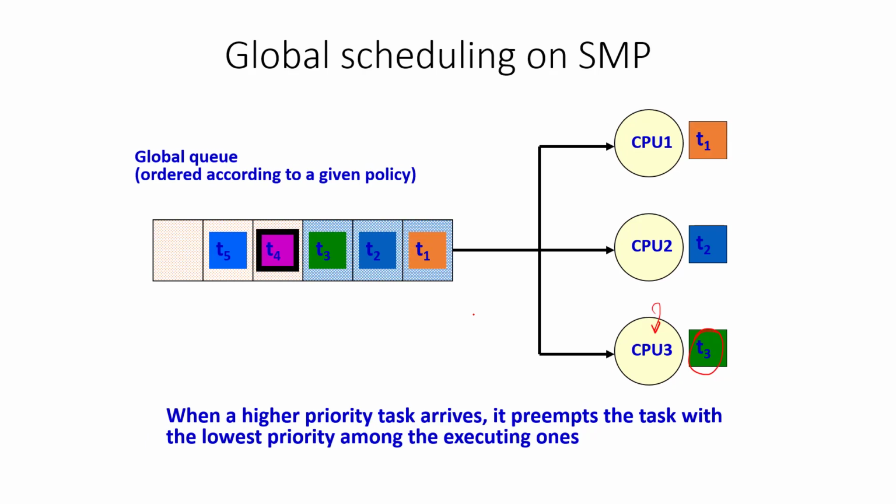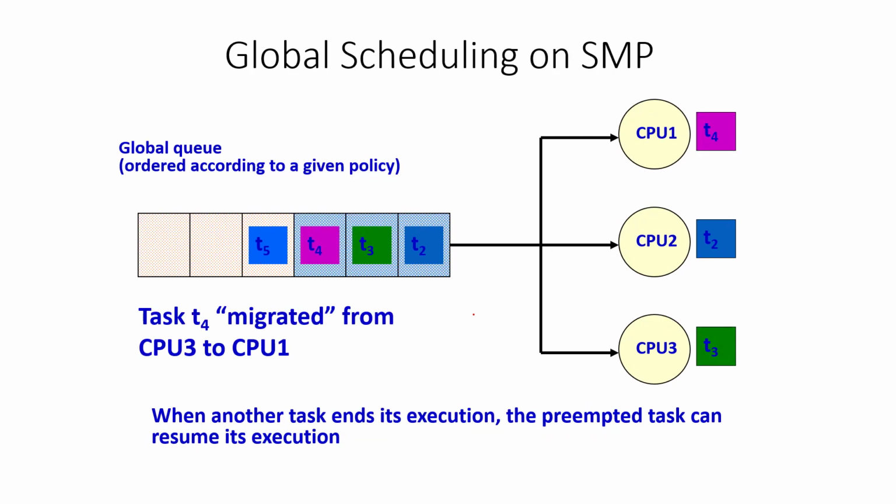T3 finished, T4 came, and we can also decide not to preempt T3 but to preempt what was running on CPU 1, which is T1 in this case. So throw T1 out and run T4 here. When another task ends its execution, the preempted task can resume. CPU 1 will have T1 in cold storage because it got preempted.